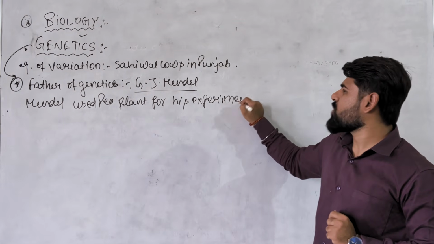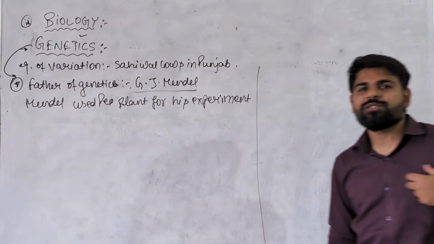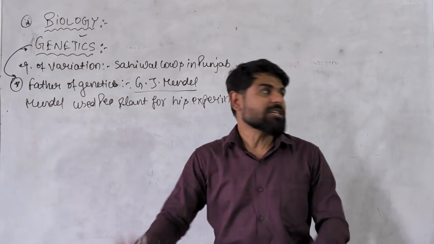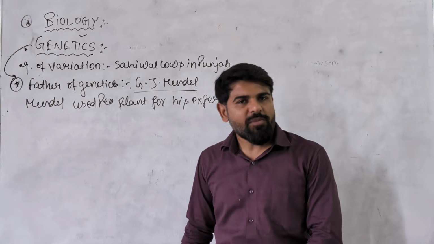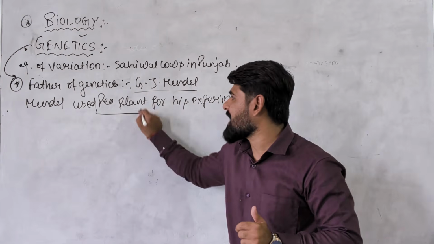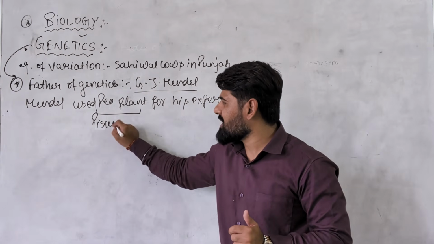You must have read a little about this in class 10 in genetics and evolution. So Mendel performed genetic experimentation on a pea plant. First of all, we must know the scientific name of the pea plant. The name is Pisum sativum.